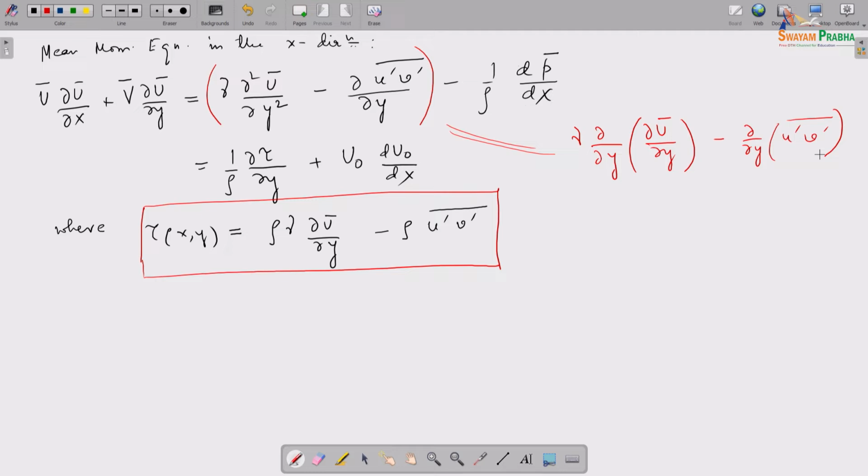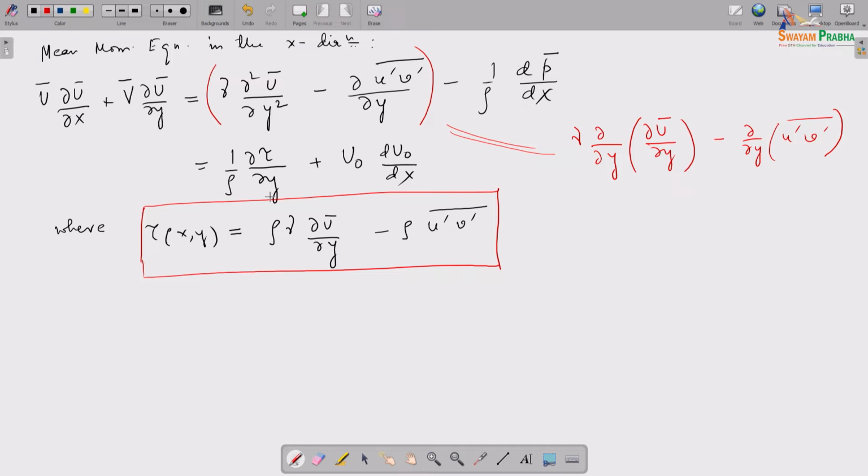That is how we define the tau. If you take a derivative of tau, 1 by rho del tau del y, that is basically our mean momentum equation in the x direction.